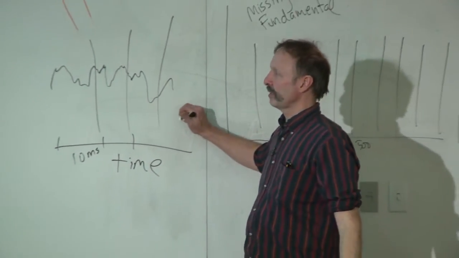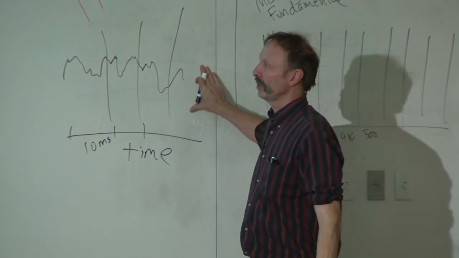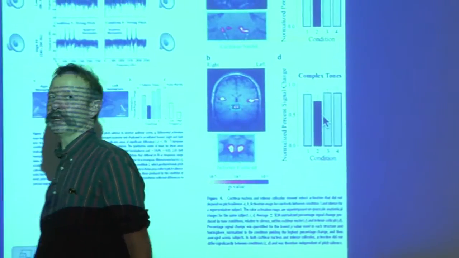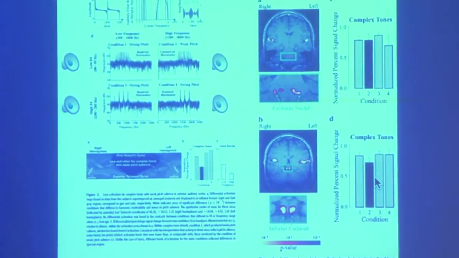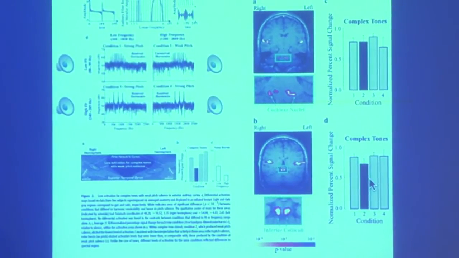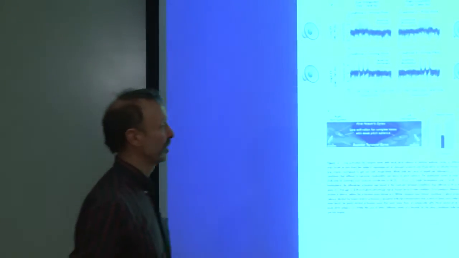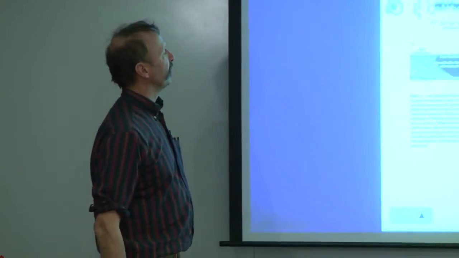So the cleverness of this study is that the temporal waveform hasn't changed in terms of its regularity, but the subject's impression of the pitch, whether it's a strong pitch or a weak pitch, has changed. So by weak pitch, I mean something that sounds sort of like a noise or a click. Those stimuli don't have a strong sensation of pitch because they're random. They don't have this nice pattern of harmonics.